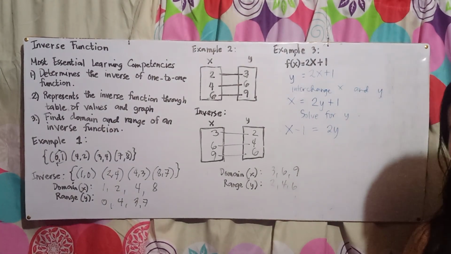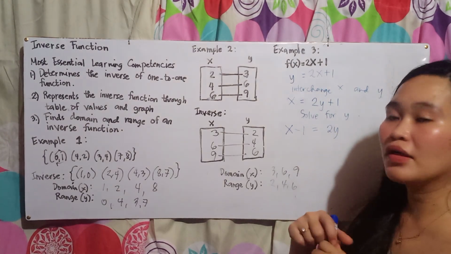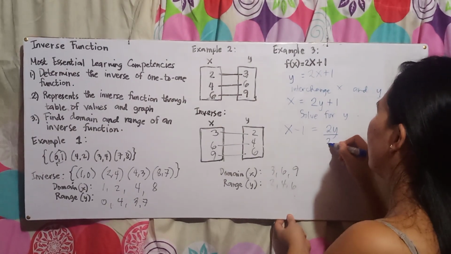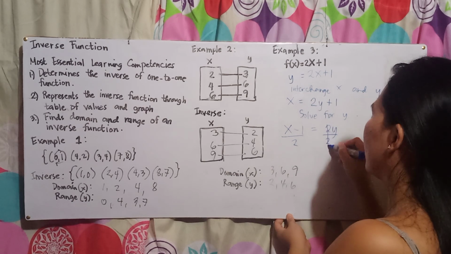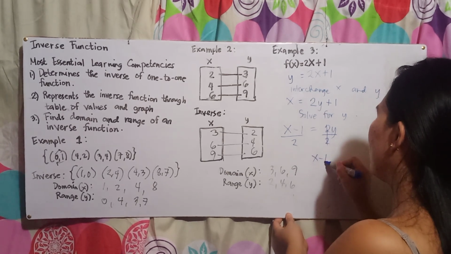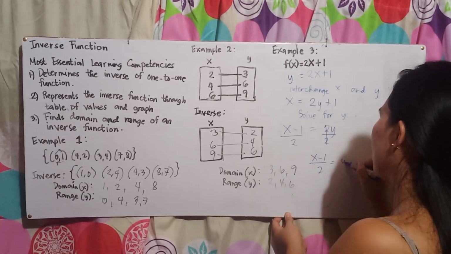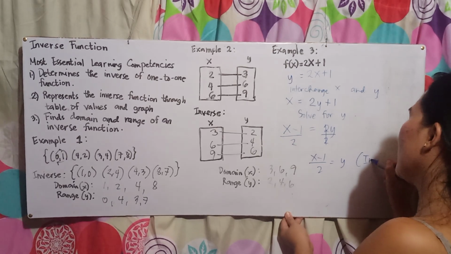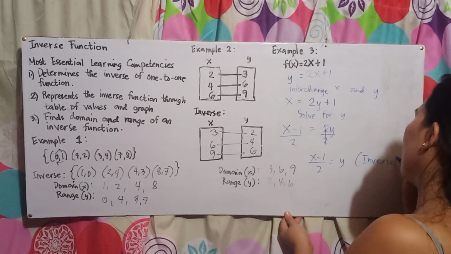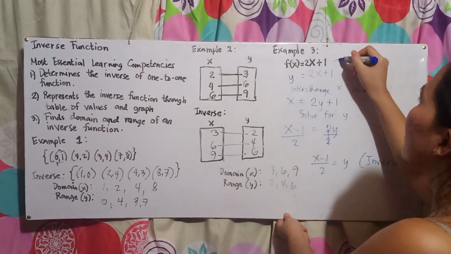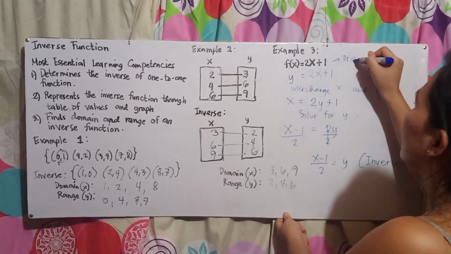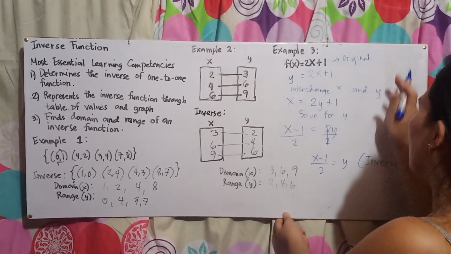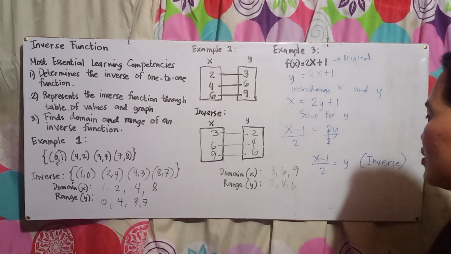So, para makita ang value sa y, so i-divide na nimo siya sa 2. Divide sa 2. So, x minus 1 over 2 equals y. So, ito na yung inverse. So, ito yung original function, ito yung inverse.